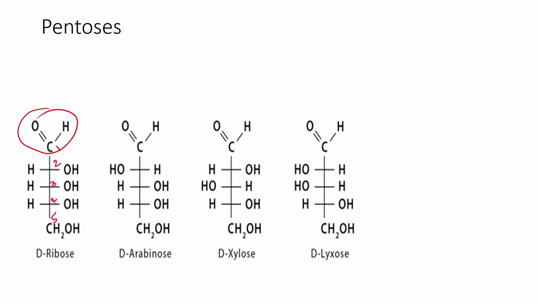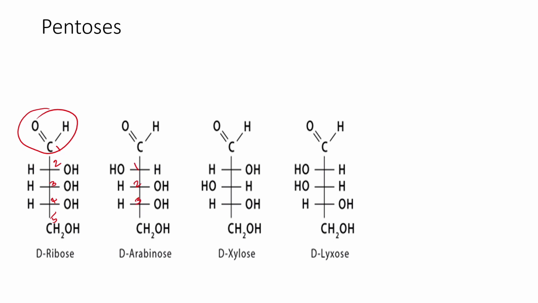And also we can see 3 chiral carbons. This is 1, this is 2, and 3. 1, 2, 3. 3 chiral carbons are there in pentoses.